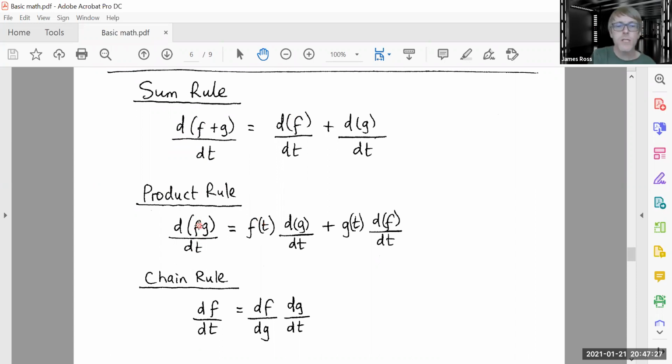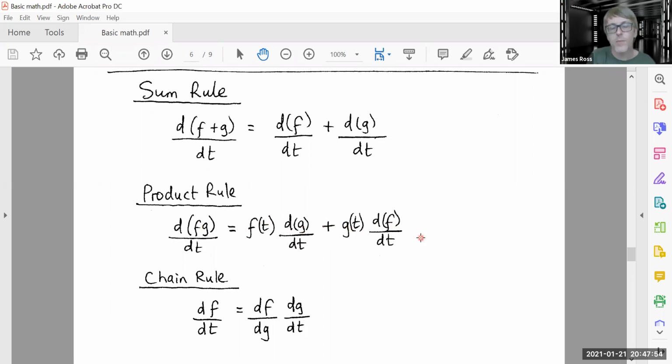You essentially ignore one function at a time and take the derivative of the other. Let's say we ignore f and take the time derivative of g, and then we ignore g and take the time derivative of f. Again, it doesn't matter which order you do first.